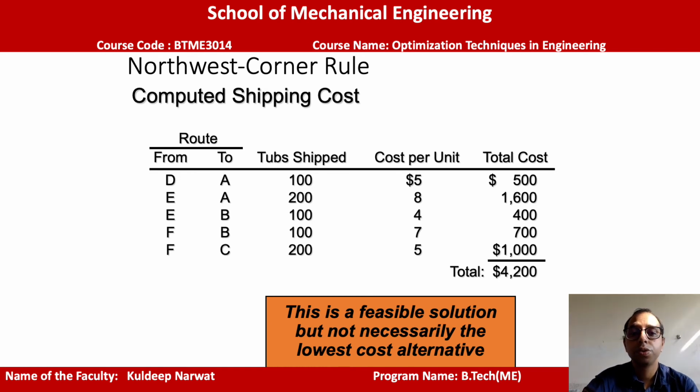In order to calculate the transportation cost, we have to take the sum of all these values. So 500 plus 1600 plus 400 plus 700 plus 1000 comes out to be 4200. So by using the least cost corner cell method, we are able to calculate the transportation cost as 4200.